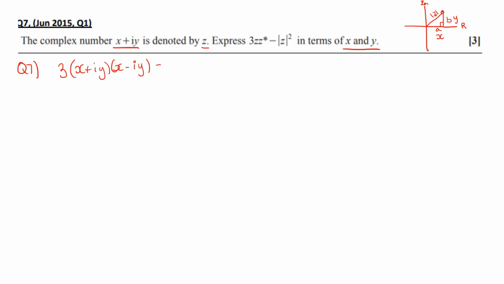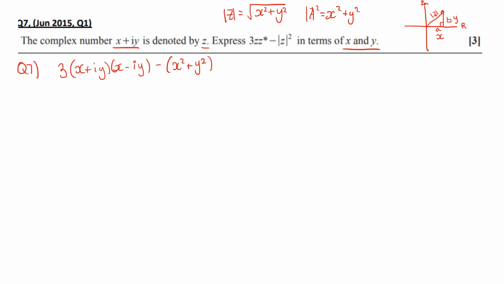So we can say that the modulus of z is equal to the square root of x squared plus y squared. However, we don't want just the modulus, we want the modulus squared, so therefore the modulus squared is equal to x squared plus y squared. So minus x squared plus y squared.